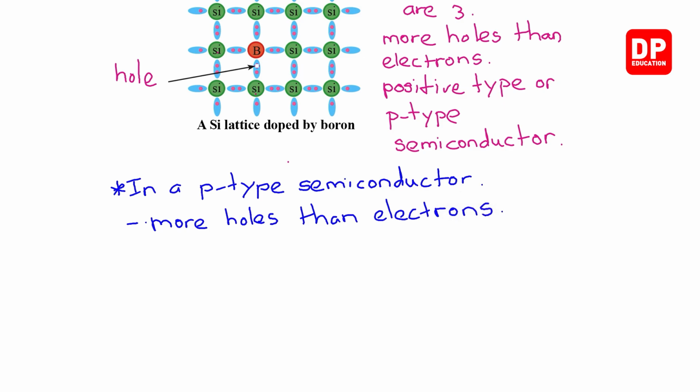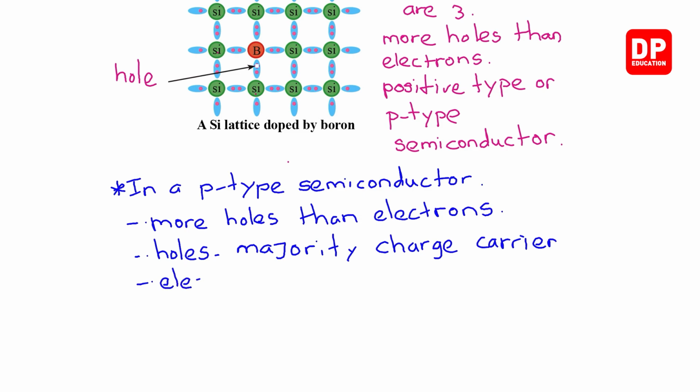So what will be the majority charge carrier? Holes will be the majority charge carrier, and electrons are the minority charge carrier.